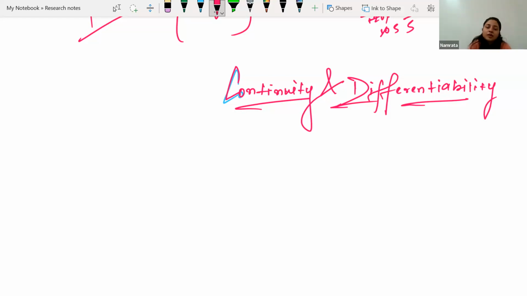Okay, so when we are talking about continuity, if we focus on the name, continuity, we use this word in daily life also.